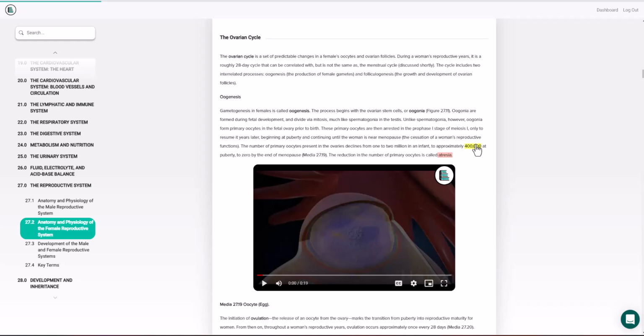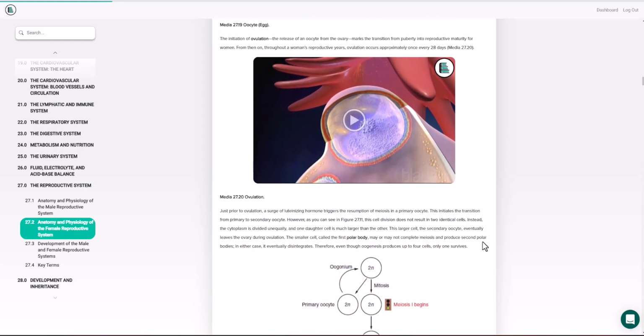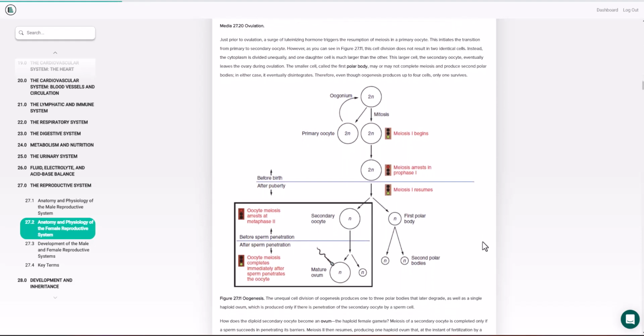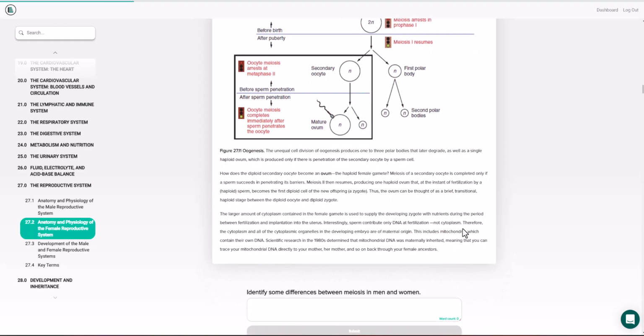Just constantly ovulating throughout a lifetime. A woman's only going to release about 500 eggs in her lifetime. Right? That's just vastly different than the numbers for the male. So again, I want you to be mindful of these differences in the timing and in the numbers.